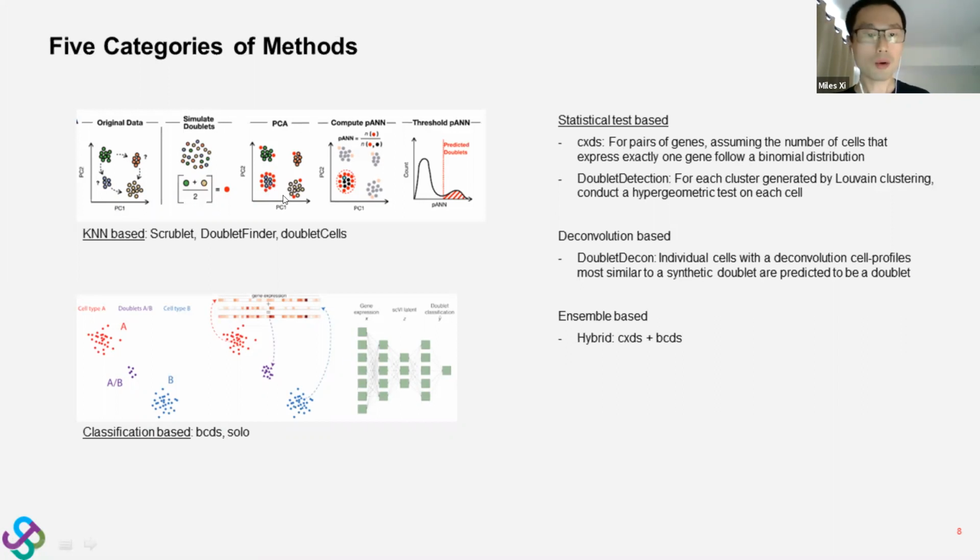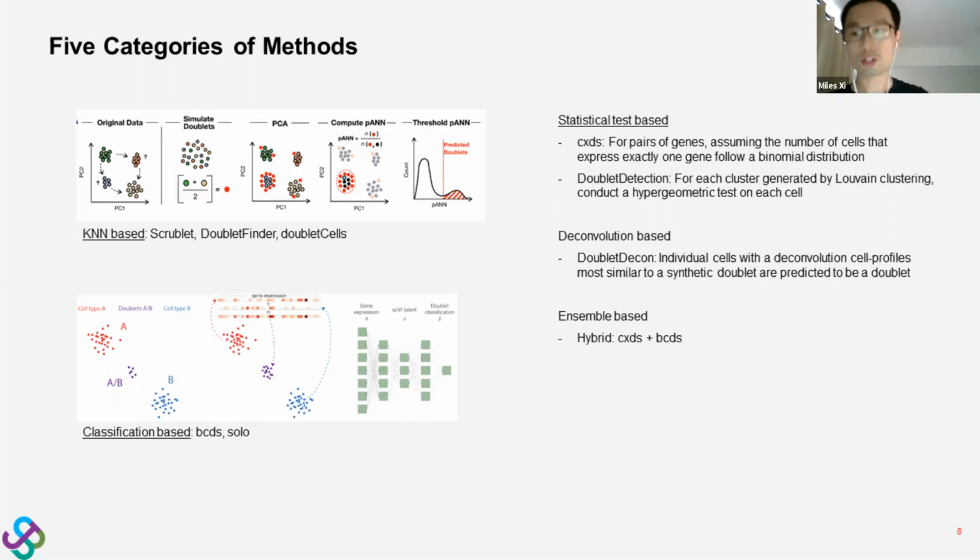Then we know that those blue points or cells, because they are closer to the simulated doublets, are more likely to be doublets than other cells far from those red points, right?